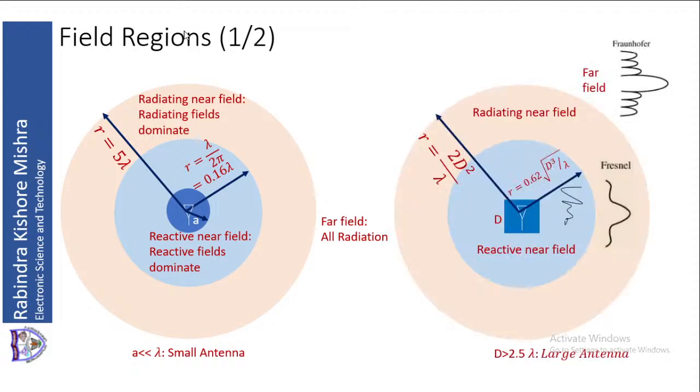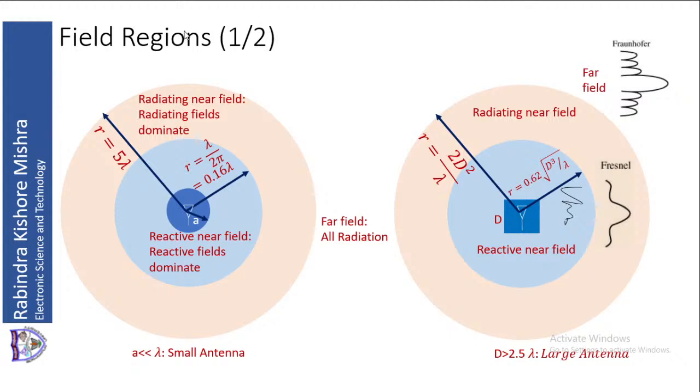If we go to the other case, we consider a volume within a radius or diameter of D, which is greater than 2.5 lambda. These are called large antennas.